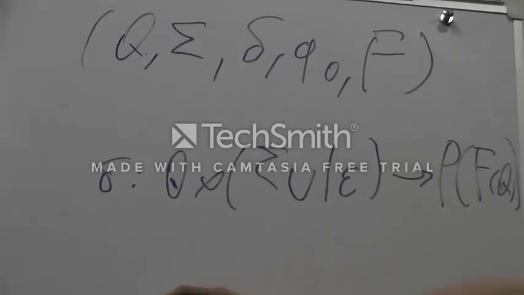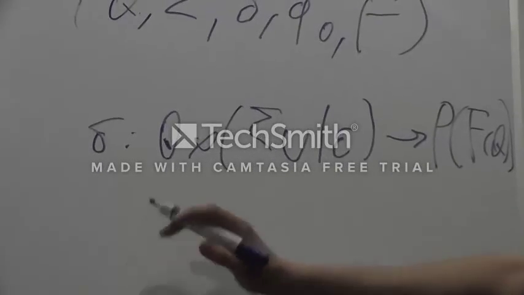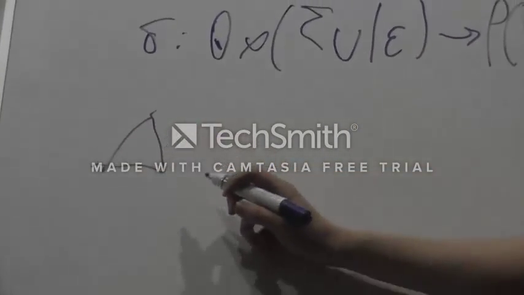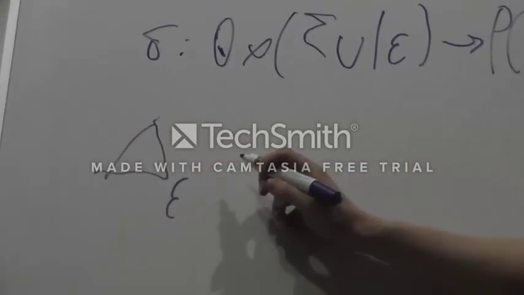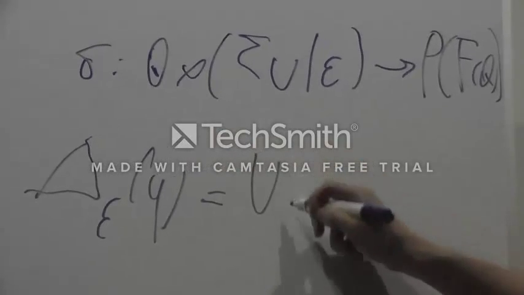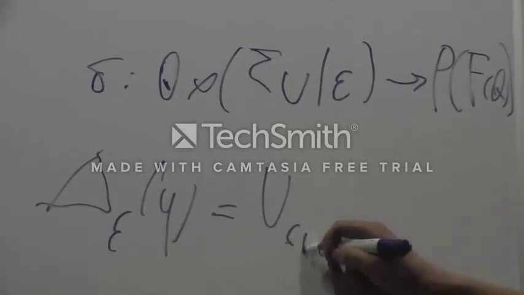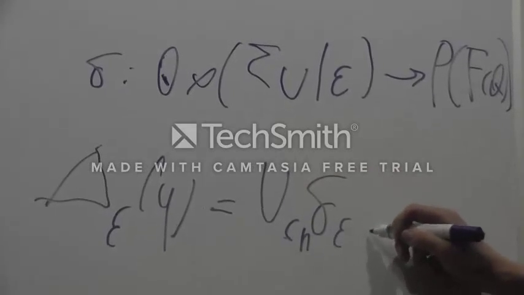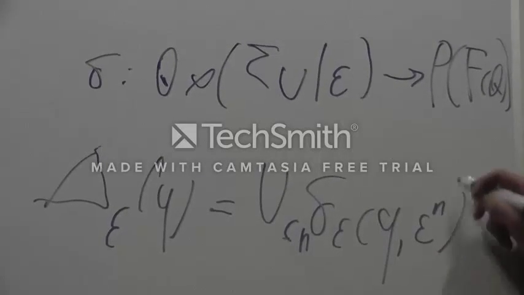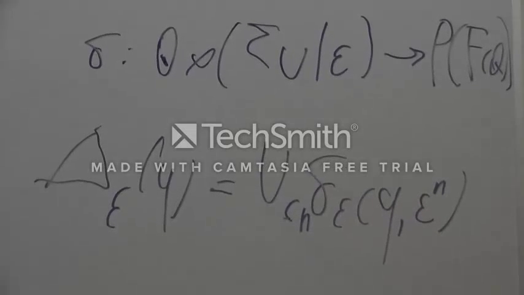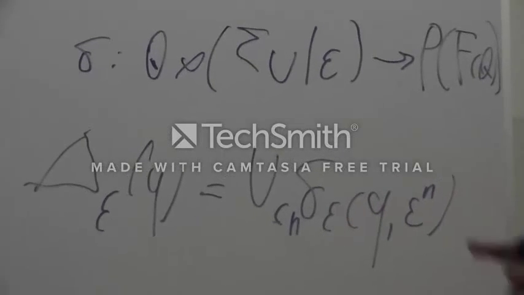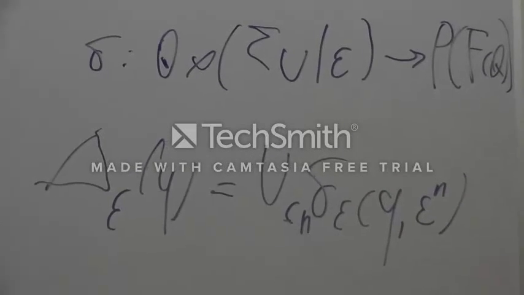So for any state Q we can define the epsilon closure, which is the set of all states reachable from this one by a sequence of spontaneous moves.